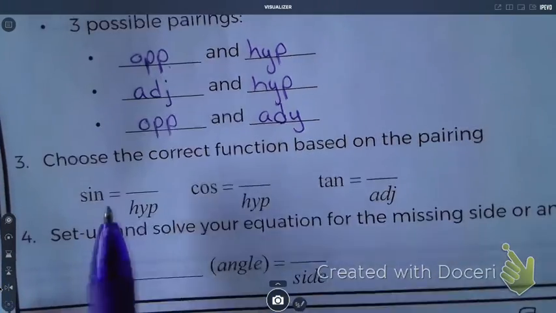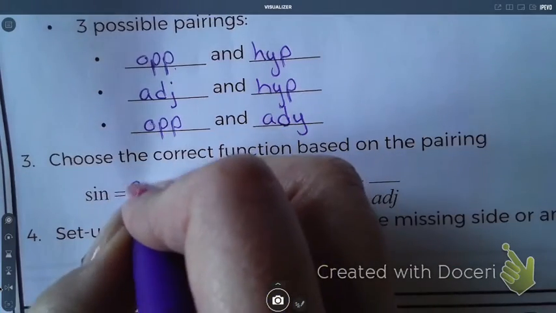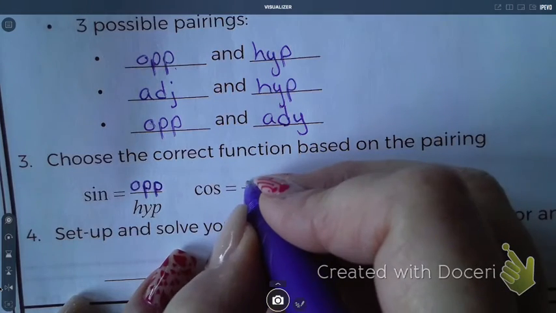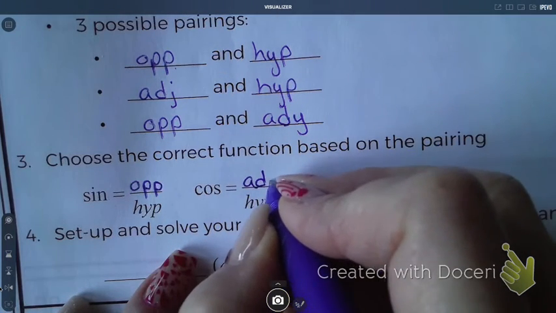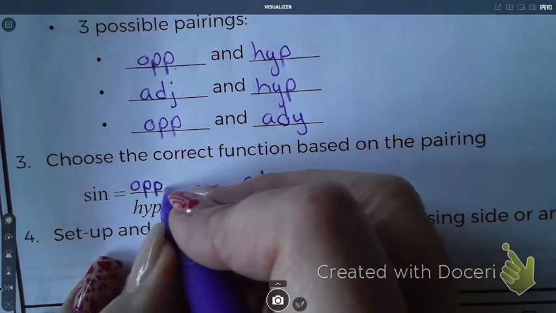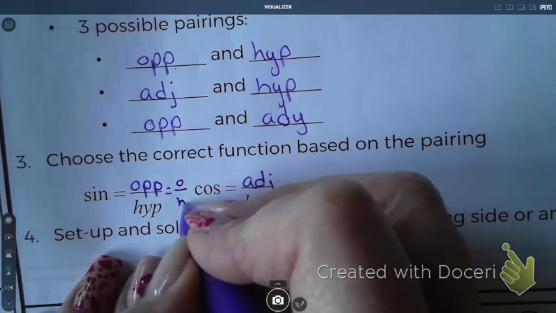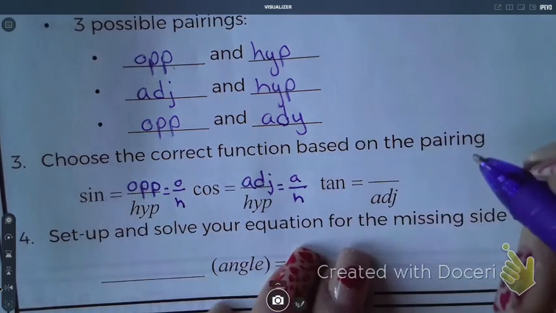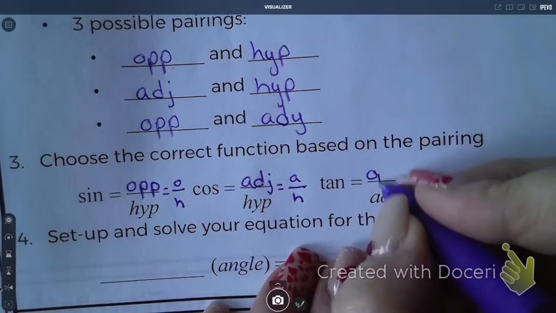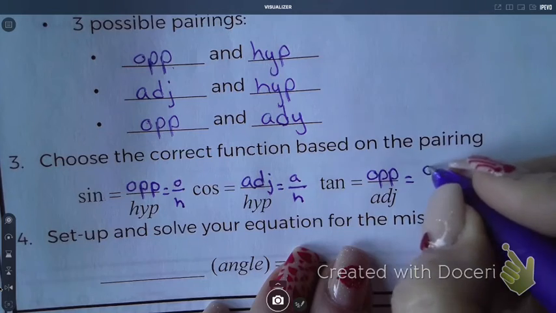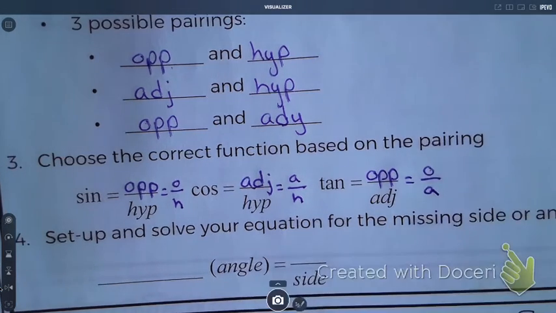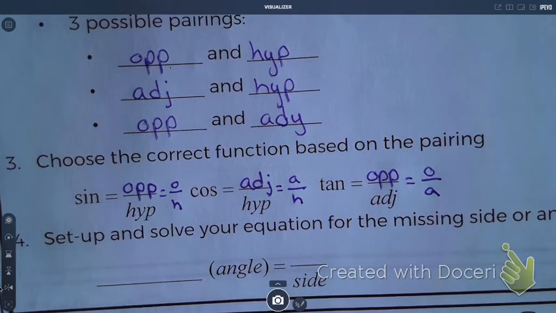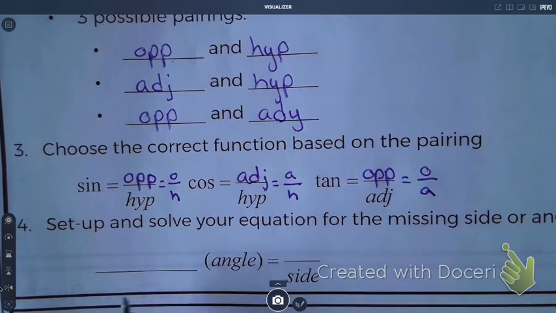So sine equals opposite over hypotenuse, and cosine is adjacent over hypotenuse. And guys, I'm just going to put O over H in the future and A over H. Would that be easier? Yes. And then tangent is opposite over adjacent, or O over A. Now I got to fill in one more blank and then I'll go back. So set up and solve the equation.